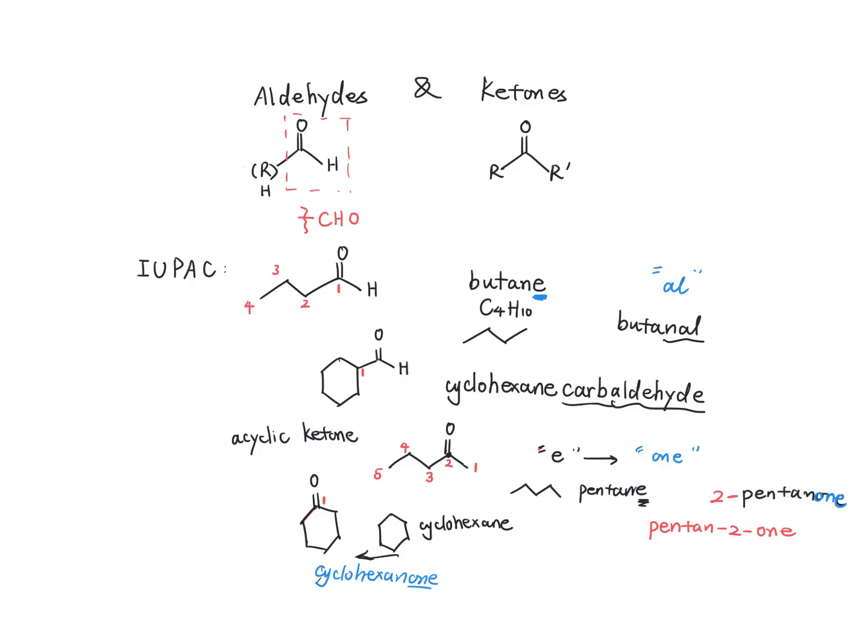And for the IUPAC naming, another thing now is we have learned a lot of functional groups. So what if a molecule has more than just one functional group, what are we going to do? The next thing we are going to talk about is the priority of functional groups. For example, let's look at this molecule right here. So you have 1, 2, 3, 4, 5, 6, 7, 8. And what we have here is a hydrogen, and you have a double bond on this carbon, and then on this carbon you have a methyl group and also an OH group.